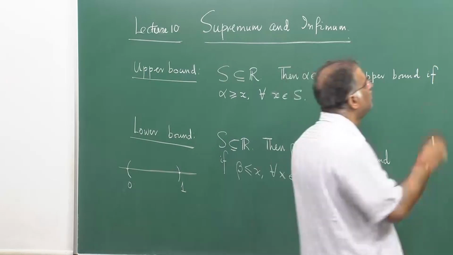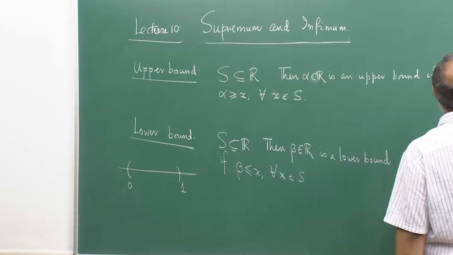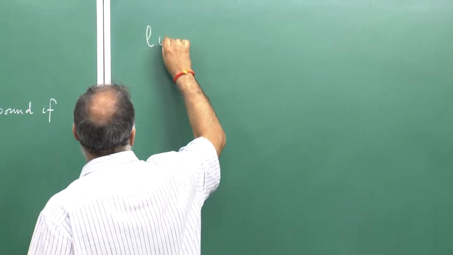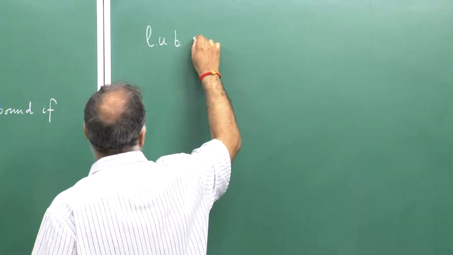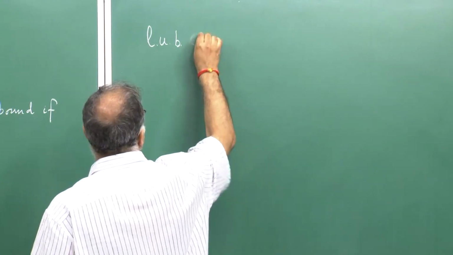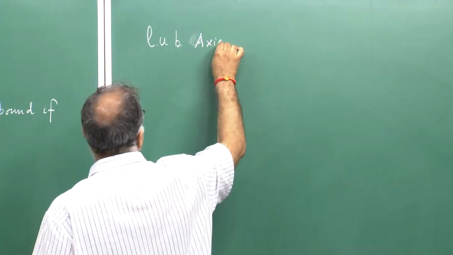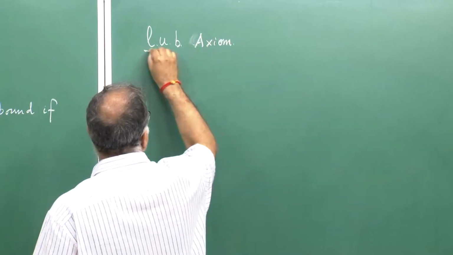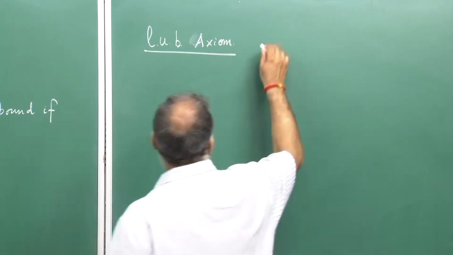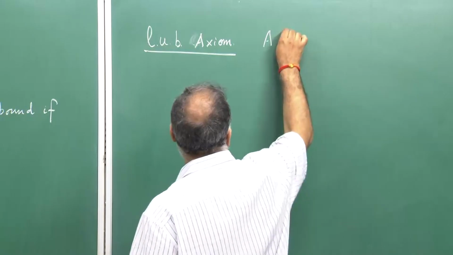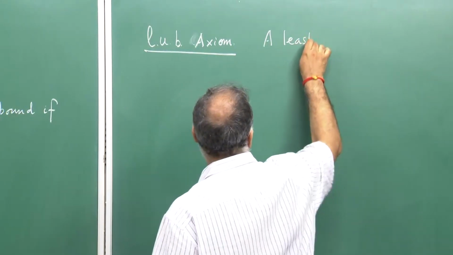You take them as an axiom. So, the first axiom is called the least upper bound axiom, or LUB axiom. A least upper bound exists.